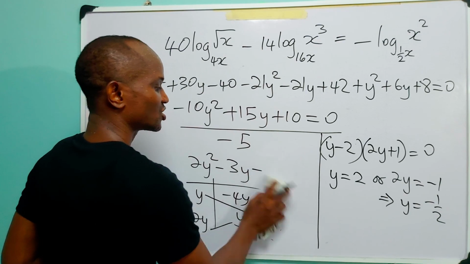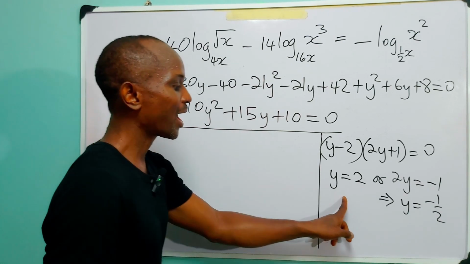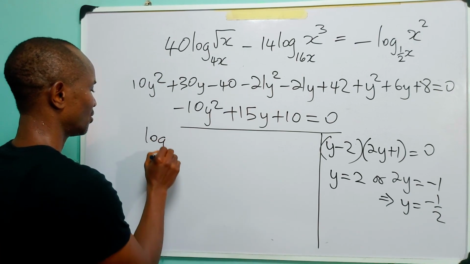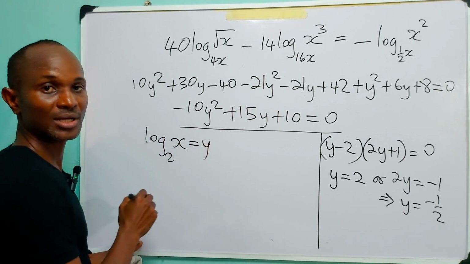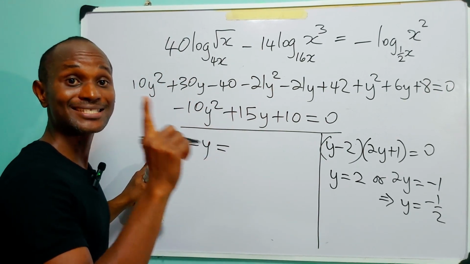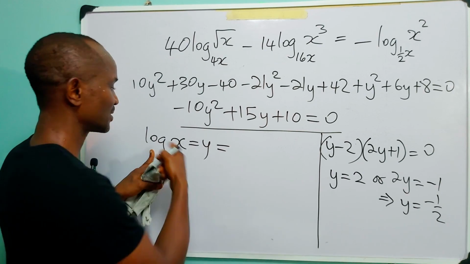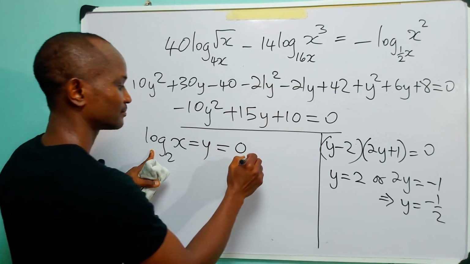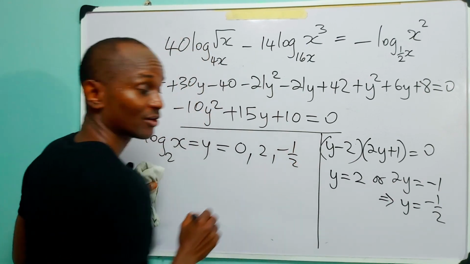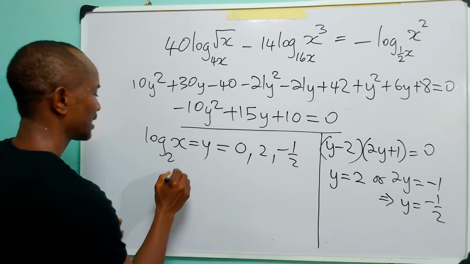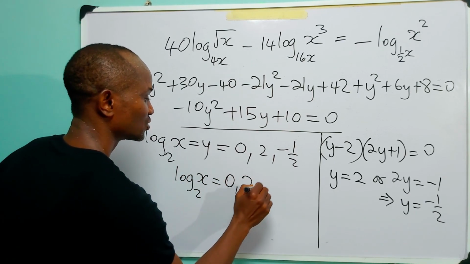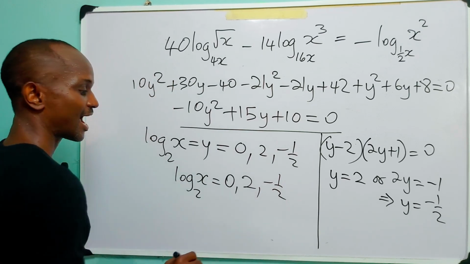But let us not forget that y is only standing in place for log₂x. So this means that log₂x is equal to, remember that we already got 0 as a root of that equation, 0, 2, or minus half.